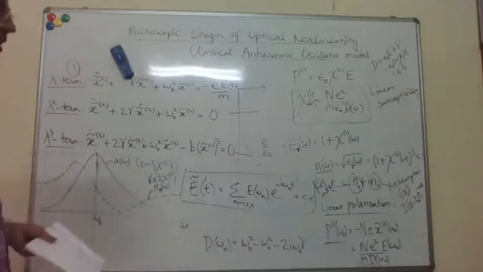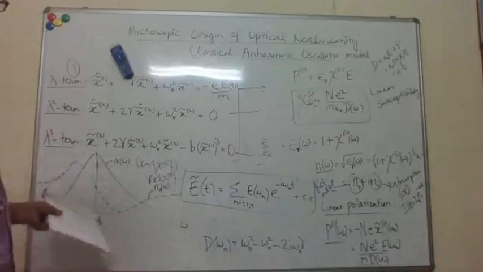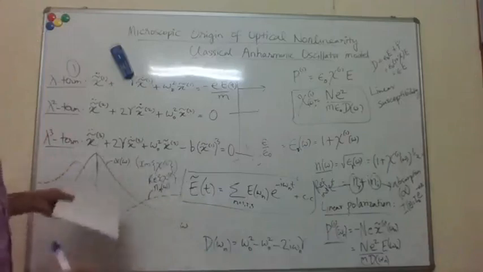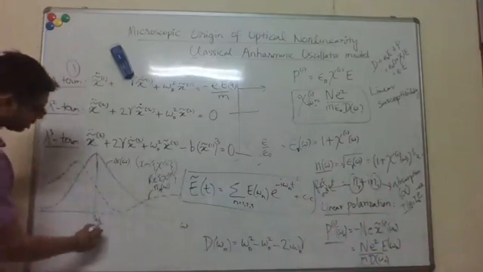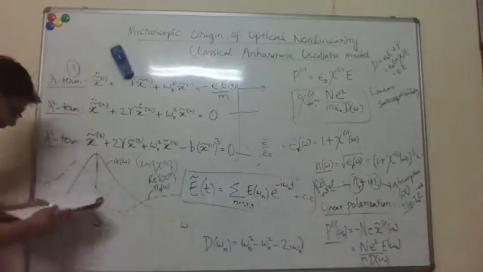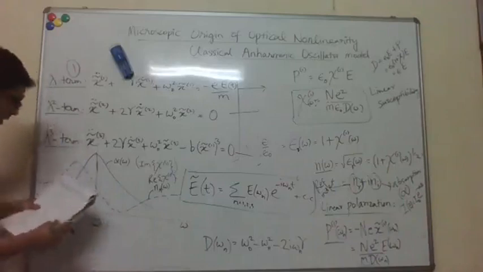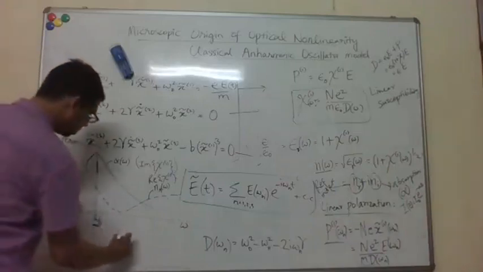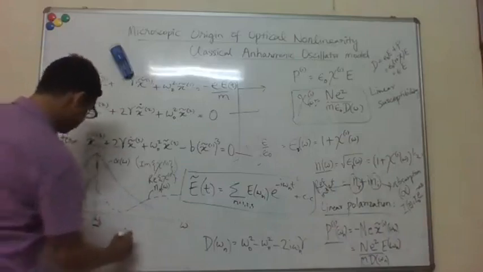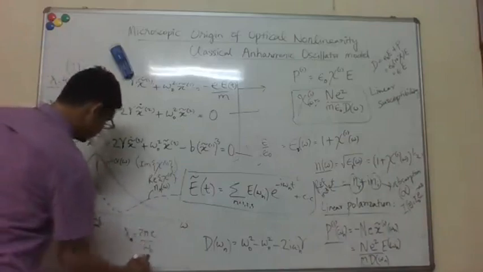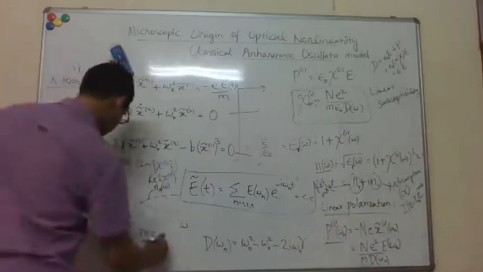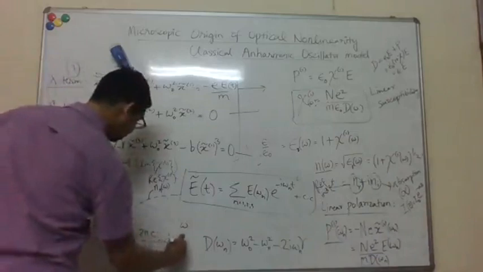We go down to visible wavelengths, but once you start going down to UV, the glass starts absorbing. So if I define lambda naught as 2 pi c over this omega naught, for glass it's about 160 nanometer, which is in the UV.